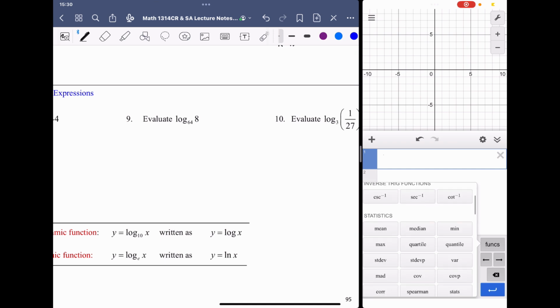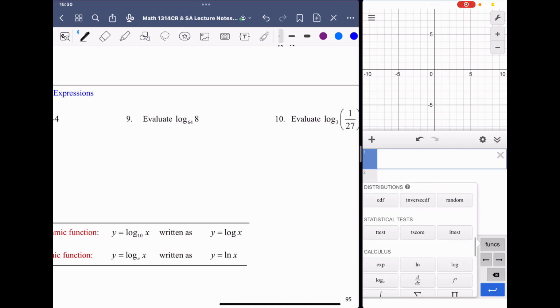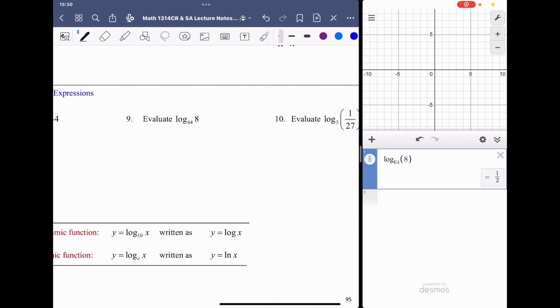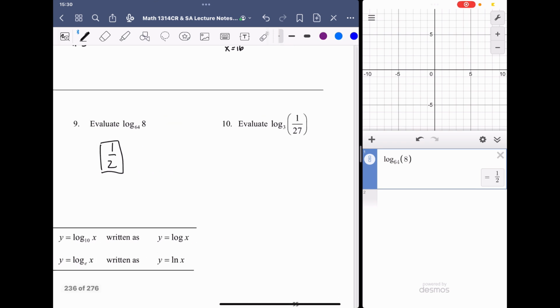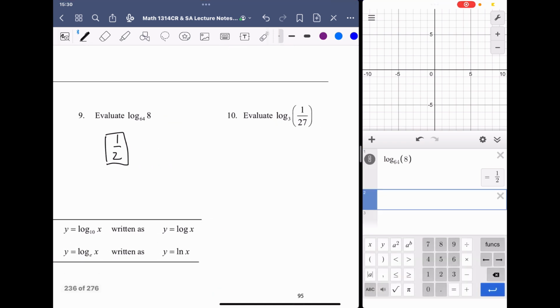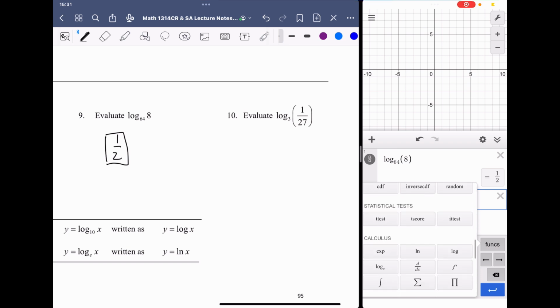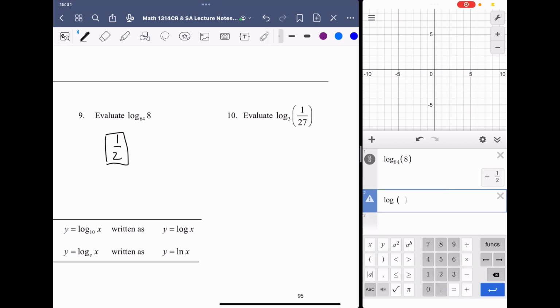So function, calculus, log A, 64, and then 8 is the argument. They got half. We don't want decimals, we want fractions. So 1/2. And then log base 3 of 1/27, that should be -3.